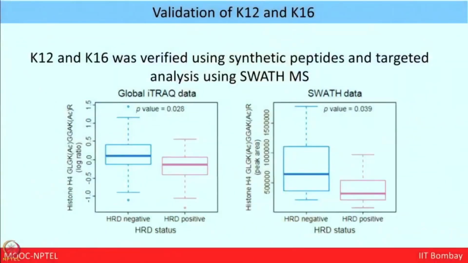In the same way, they found that K12 in terms of iTRAQ data was upregulated in HRD negative, and the same thing was validated in SWATH, where they found the same upregulation in HRD negative.